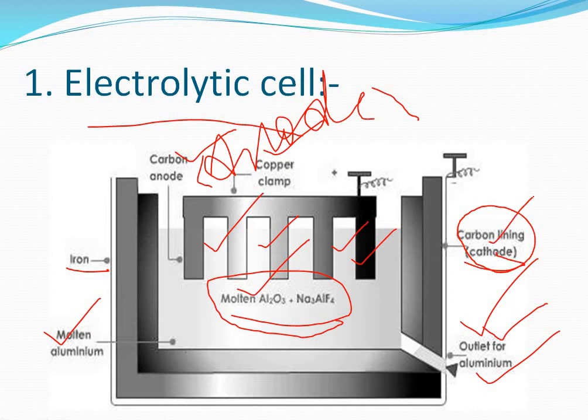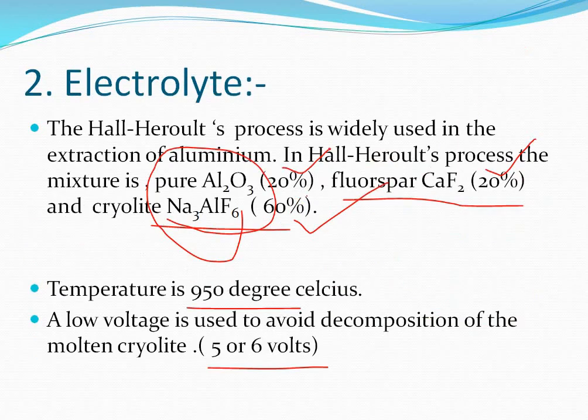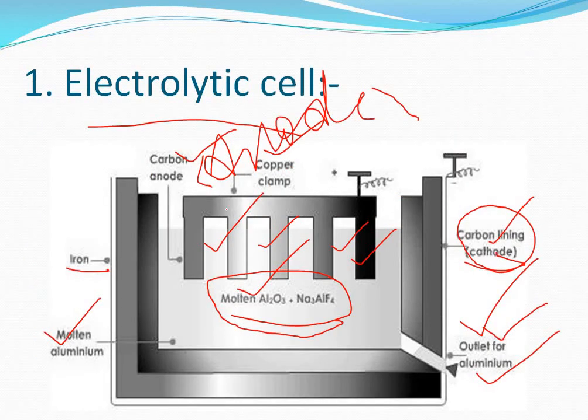And you know that at the cathode, at this lining portion only, the aluminium 3 positive ions will convert to aluminium metal, and we are getting molten state metal at this portion. Here, at the downwards portion, we are getting the molten aluminium metal.